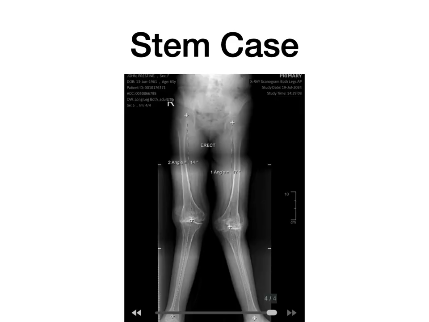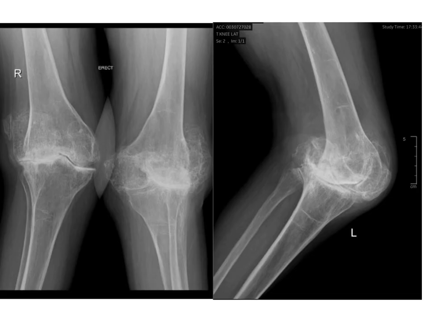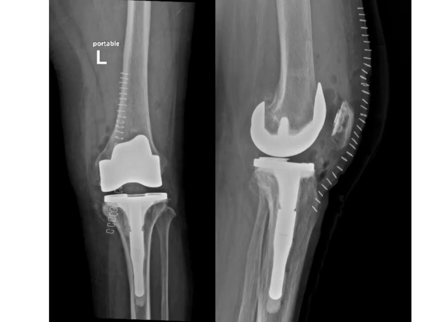You can see that the deformities are quite severe, 17-degree valgus and 14-degree on the right side. So you look here, you can see that there is bone defect, there is poor quality of bone, and of course the deformity. In this case, the stem helps centralize the component and also ensure that the weight distribution in the osteoporotic bone is adequate.